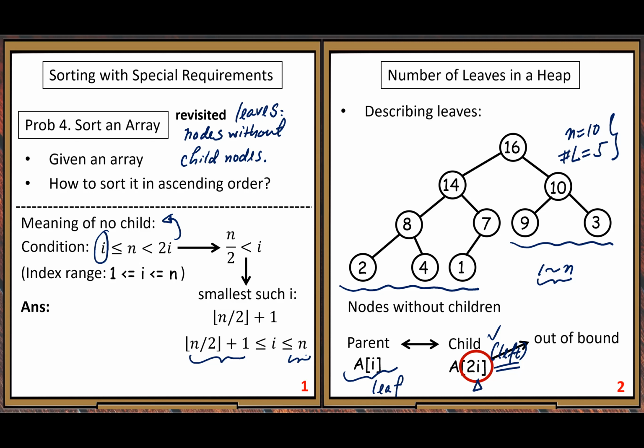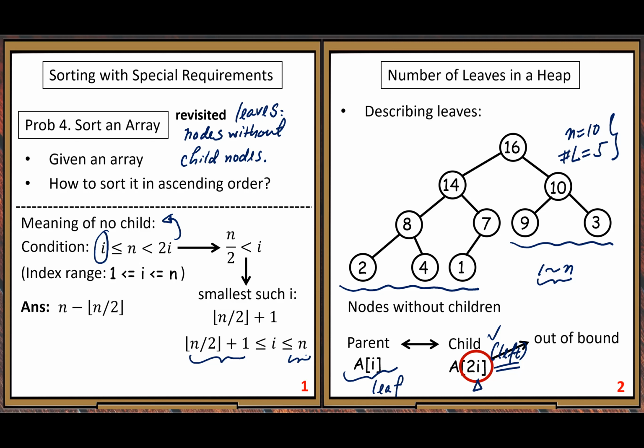The answer is to use the upper bound minus one smaller than the lower bound. Do not use just the upper bound minus the lower bound. You need to plus one back. Upper bound minus lower bound, then plus one back.